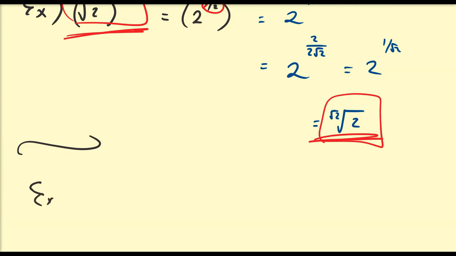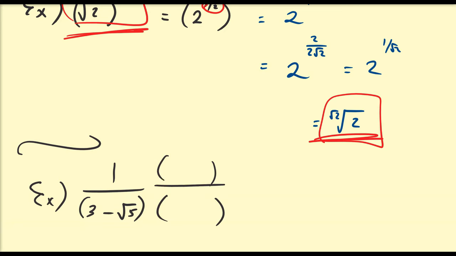Let's assume you have 1 over 3 minus the square root of 5. So when you have things like this, what you can do is multiply top and bottom by the conjugate, 3 plus the square root of 5, and then you can use your difference of squares relationship, right?